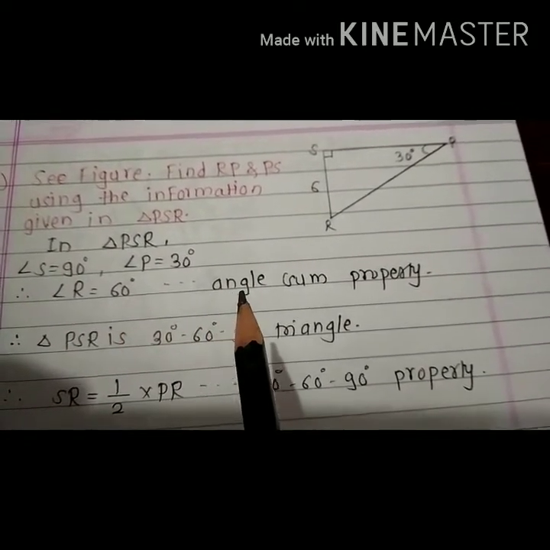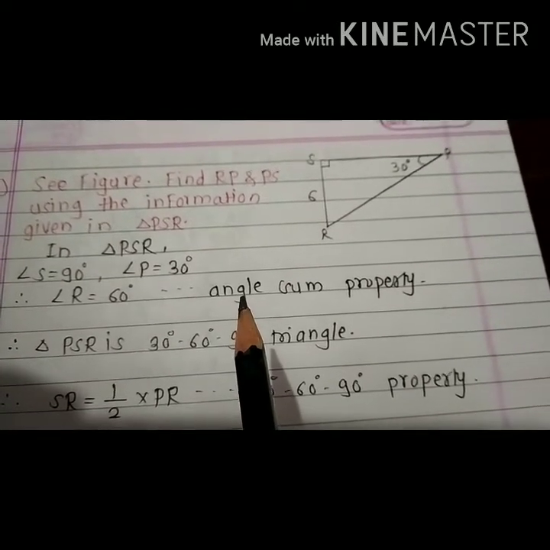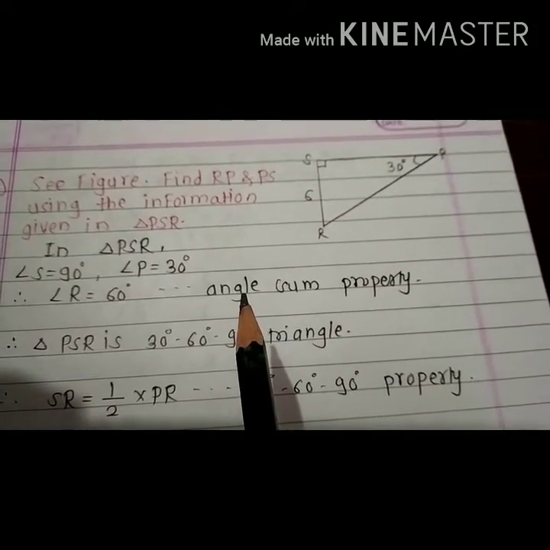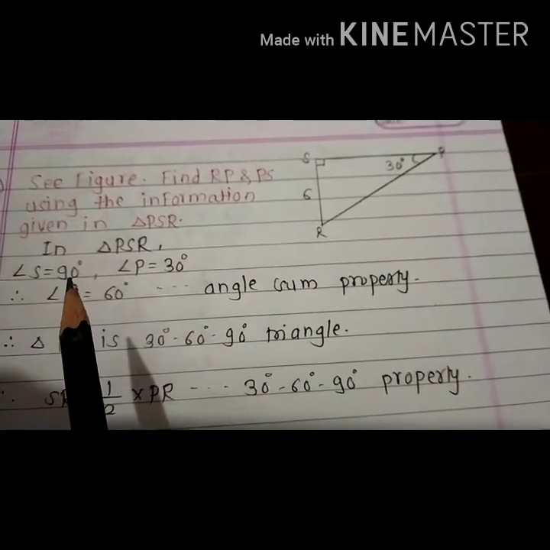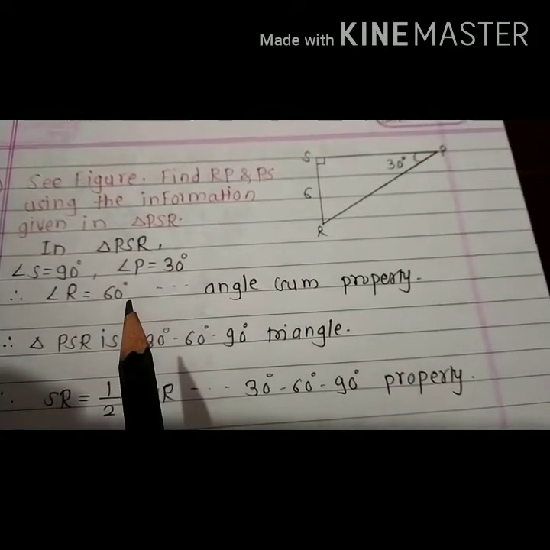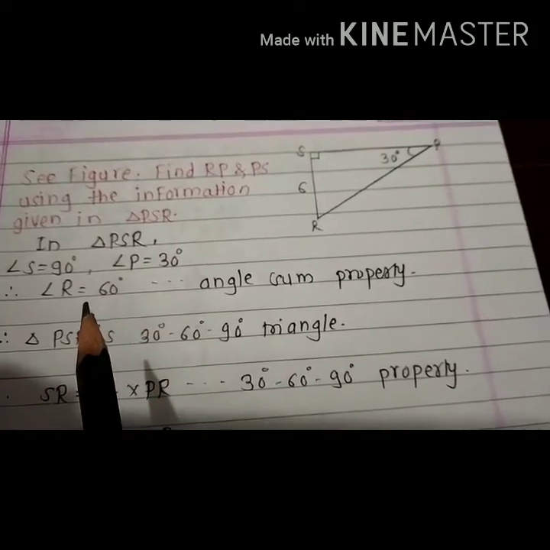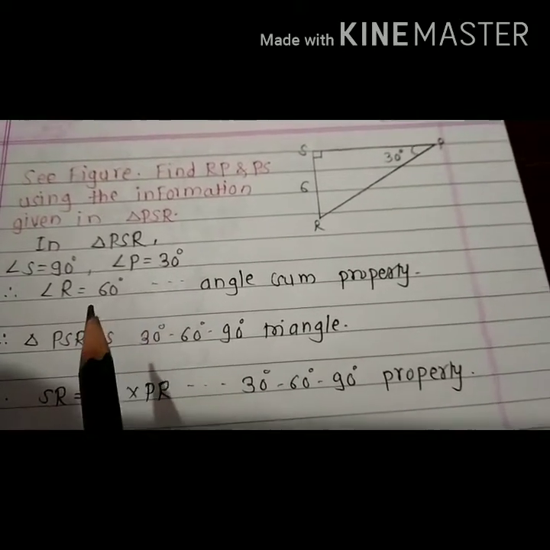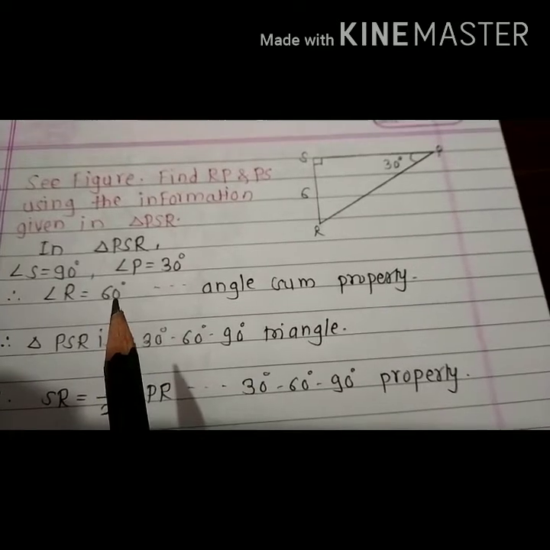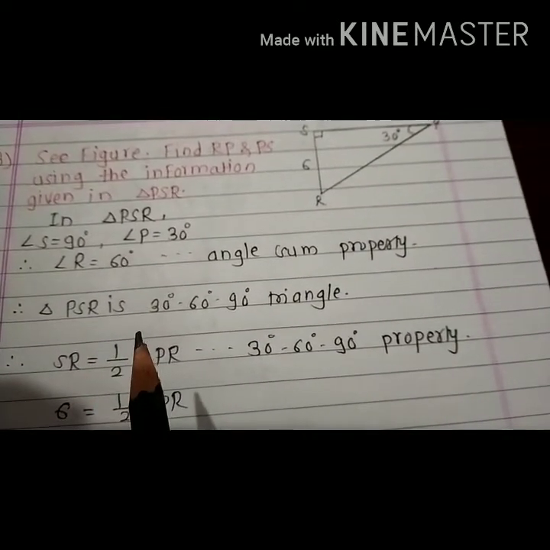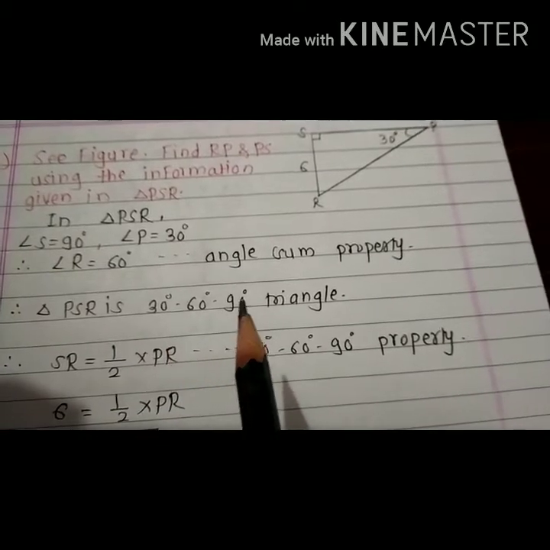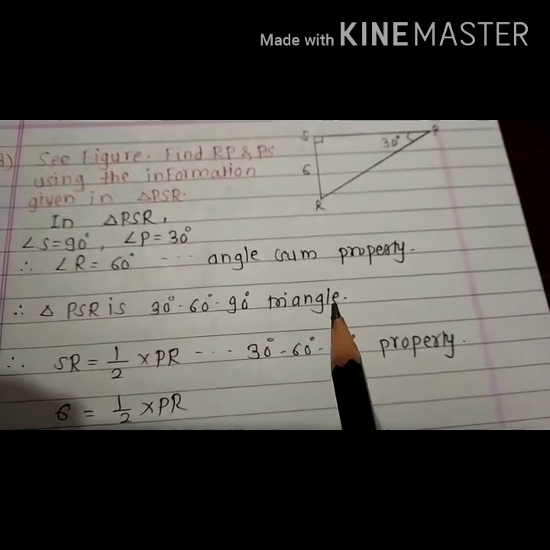What is the angle sum property? The sum of measures of angles of triangle is 180. Therefore, 90 plus 30 plus 60 is equal to 180. According to angle sum property, angle R is equal to 60 degree. Therefore, triangle PSR is 30, 60, 90 degree triangle.